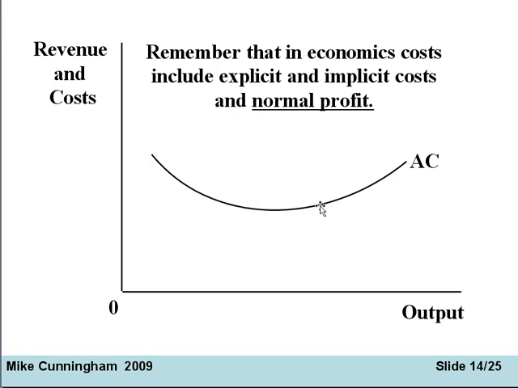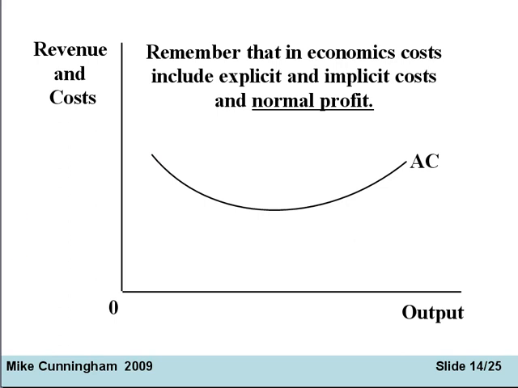So normal profit is just enough profit to keep them in the business. Anything above that is called abnormal profit. So normal profit is necessary to keep companies producing. Anything less, and they will want to liquidate their assets, put the money into an alternative investment and do something else.